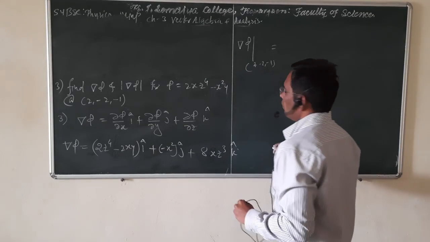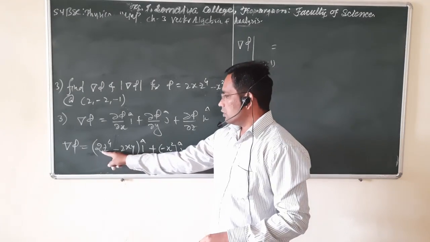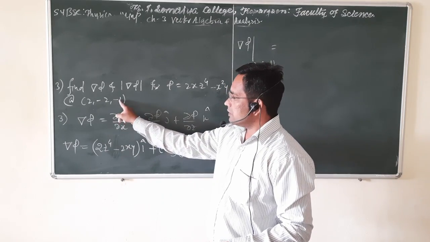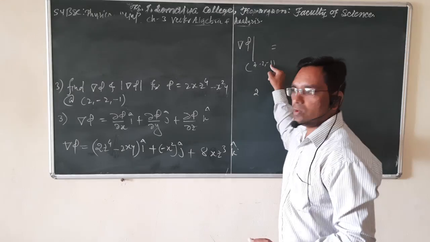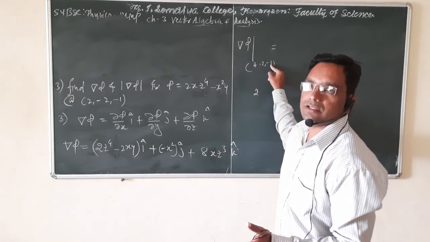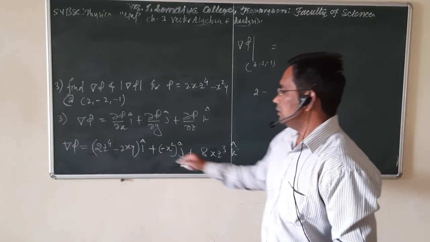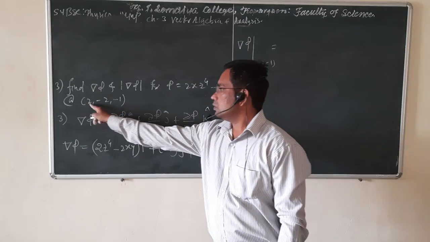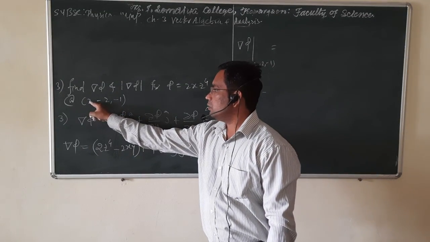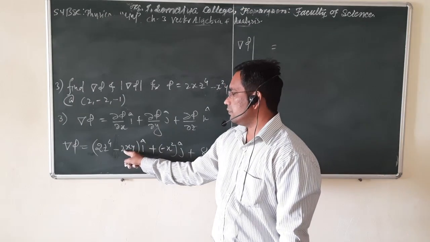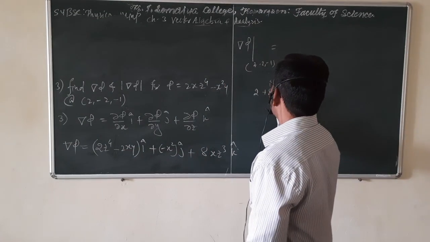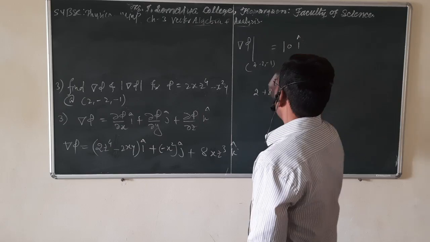So 2 into z raised to 4 means 2, because minus 1 raised to 4 is 1. So minus 2 times x into y. If you take 2 times x into y, that will become minus 4, so minus 4 into minus 2, which is plus 8. So 2 plus 8, here we have 10 i cap.